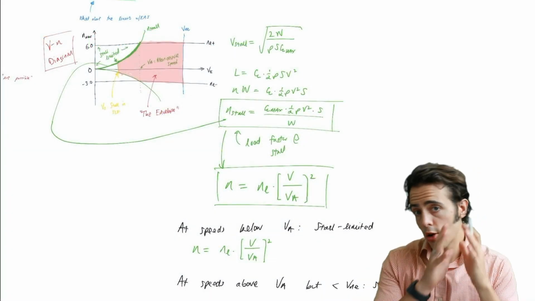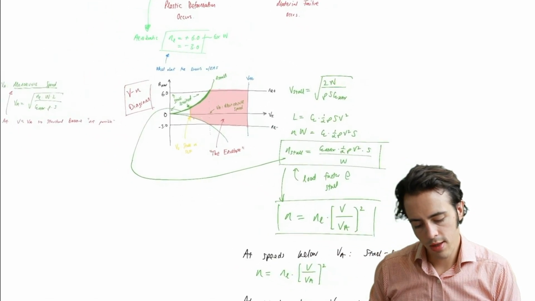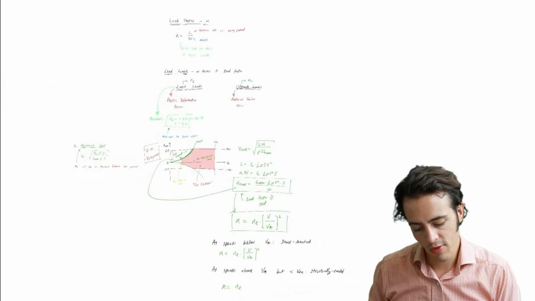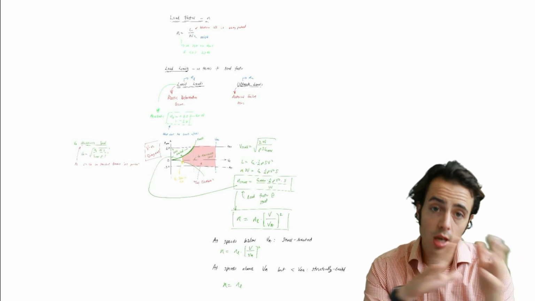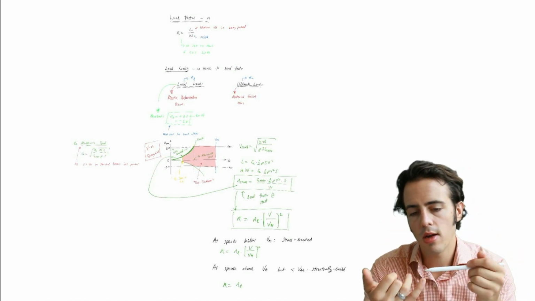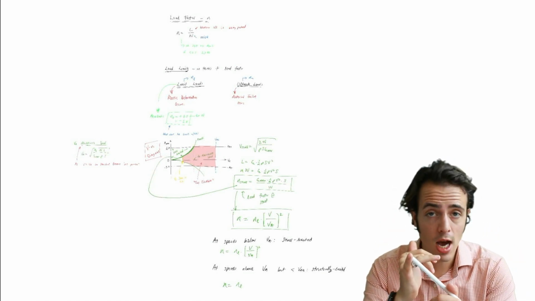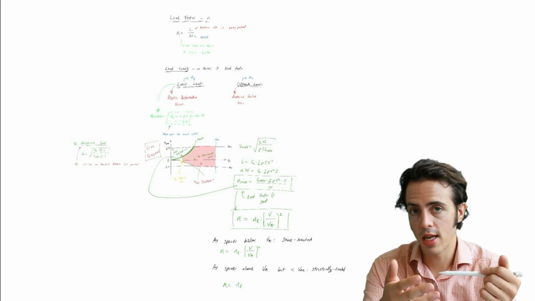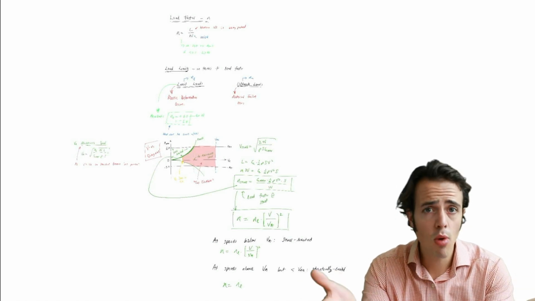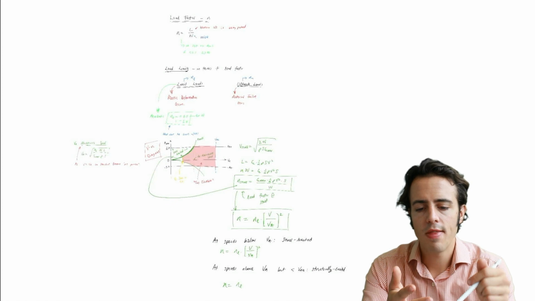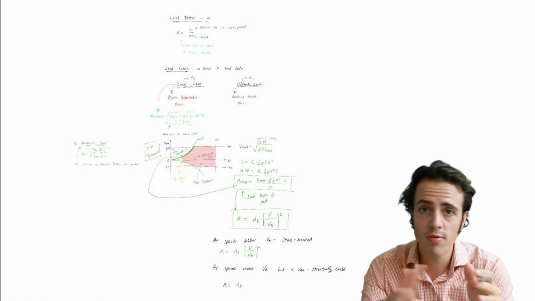Okay, so that was a quick intro to this concept of load limits and maneuver speed. I want you guys to be comfortable with what maneuver speed is, how we calculate it, what the load factor is, and why we define things in terms of it. And then I want you to be able to produce one of those VN diagrams.